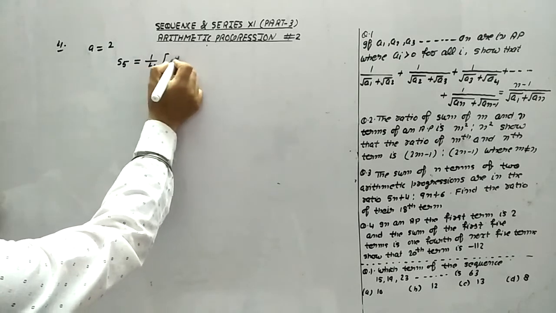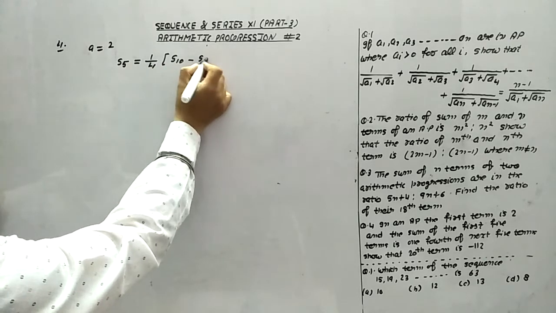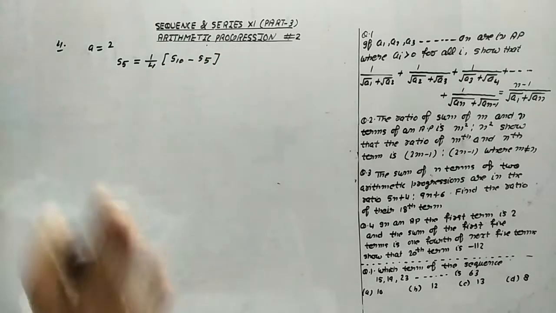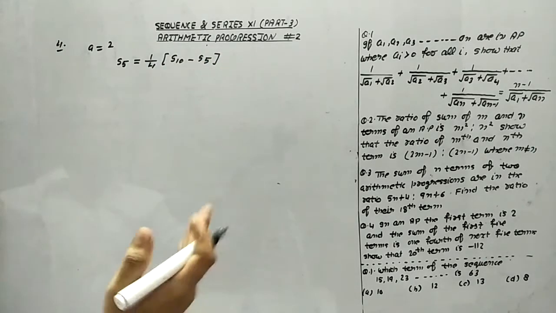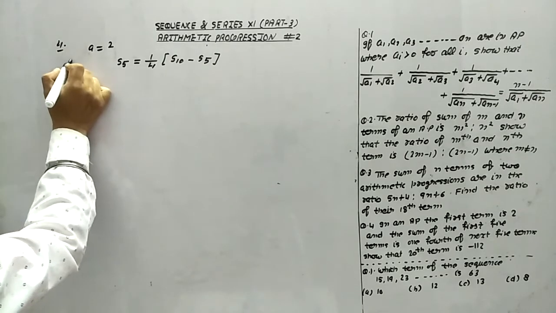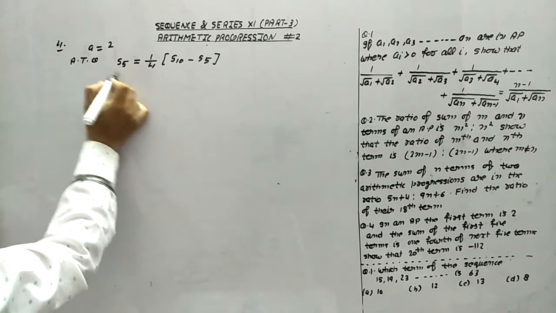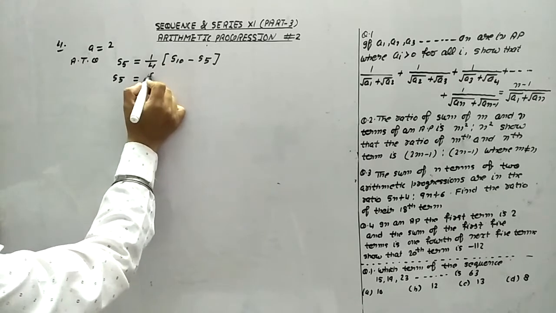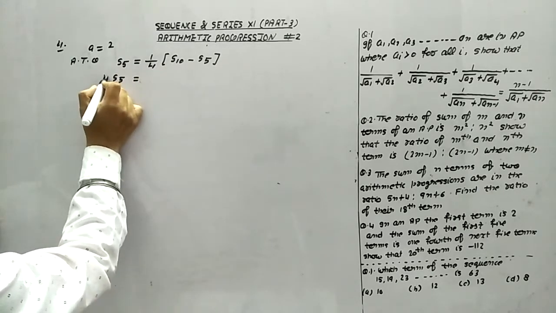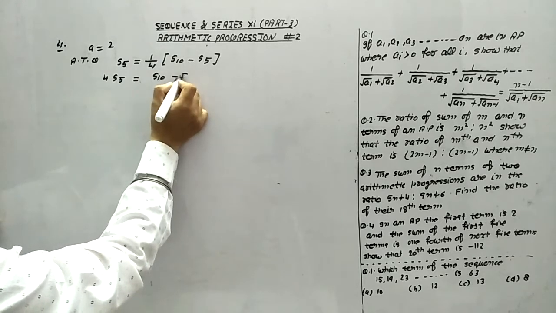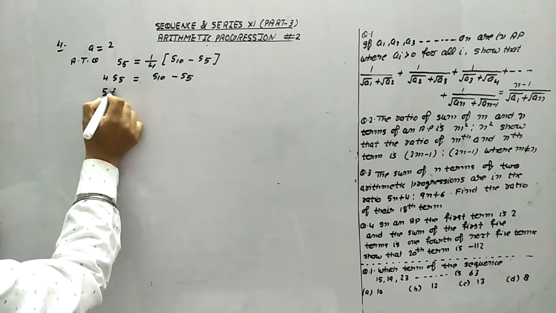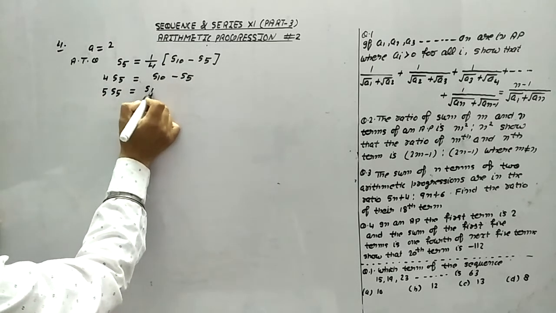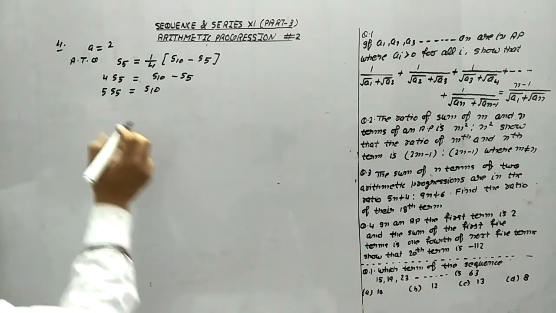How will we find the next 5 terms? S10 minus S5. That is, if from the total S10 we subtract S5, we will find the sum of the next 5 terms. So S5 is equal to 1/4 of S10 minus S5; first do the cross multiplication, it means 5S5 is equal to S10. Here we have to find the 20th term.